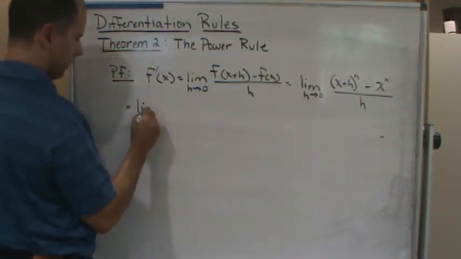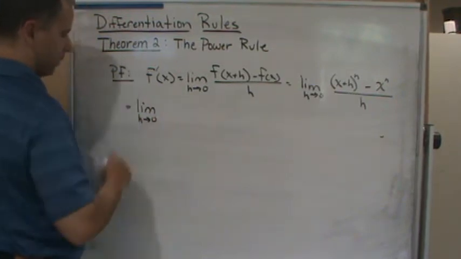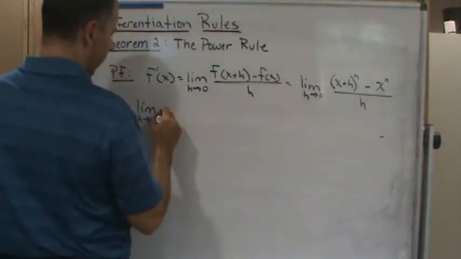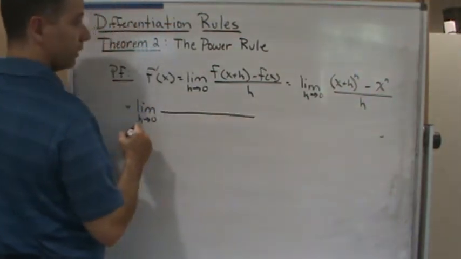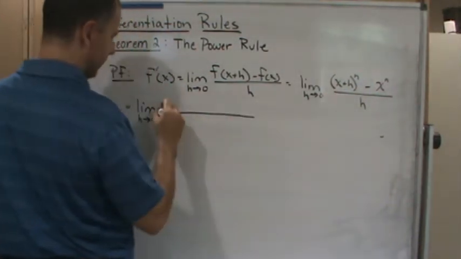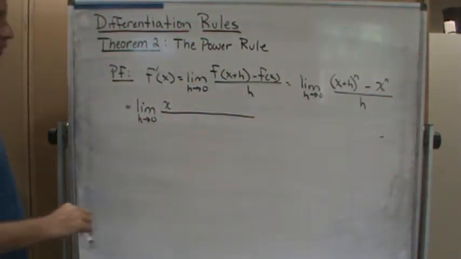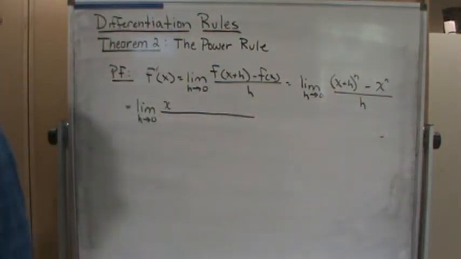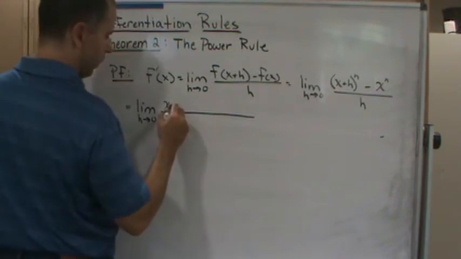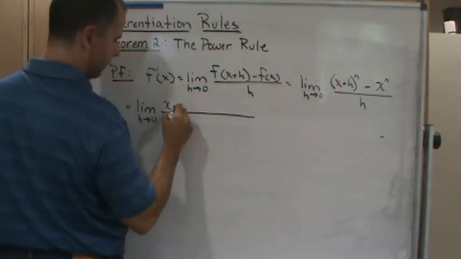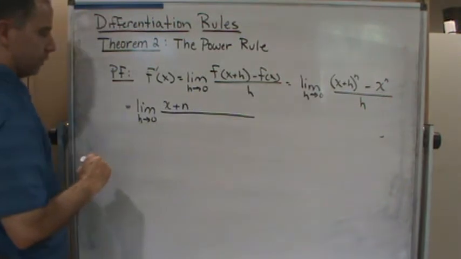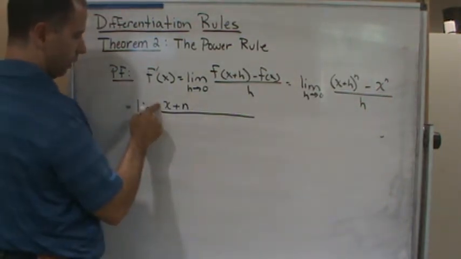So this is going to be the limit as h approaches 0. And so this is going to start off with x to the nth power, which is going to cancel with the x to the nth power at the end. And then we're going to start to get the combinations. Okay, so the combinations is going to start with plus n, because first it's n choose 0.